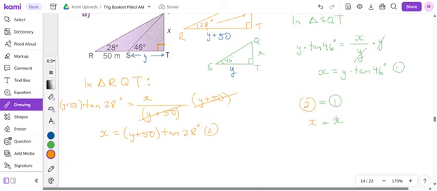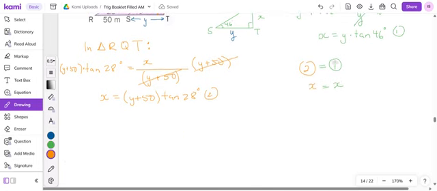X equals x. And as a result, the other side equals the other side. So I've got y plus 50 times tan 28 equals y times tan 46. Oops, that's supposed to be green.